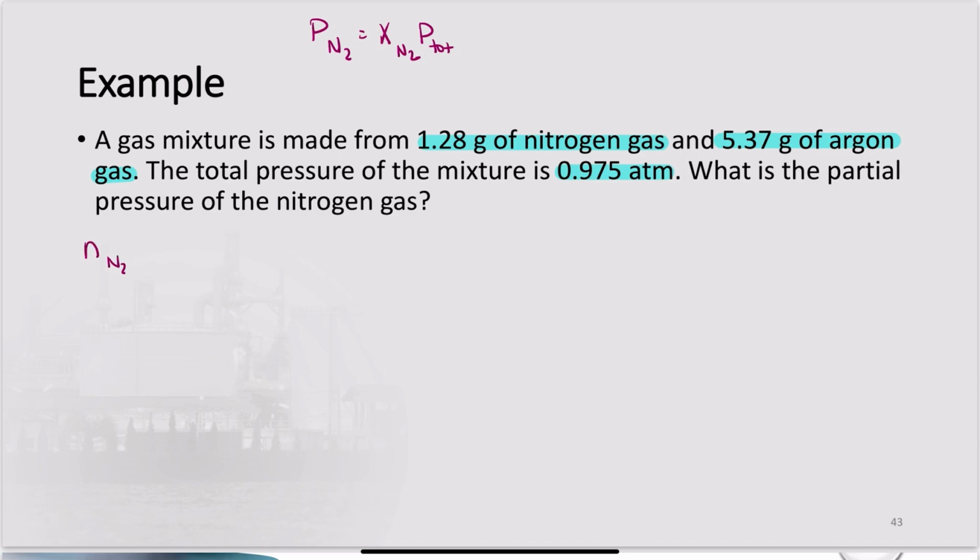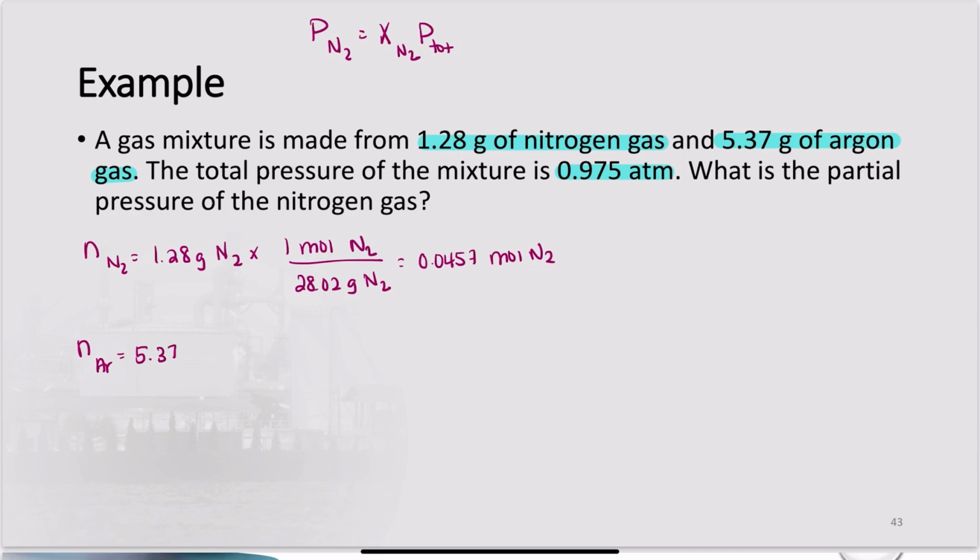To do that, I need to find the number of moles of each species. 1.28 grams of N2, 1 mole of N2 is 28.02 grams. This gives me 0.0457 moles of N2. Number of moles of argon, 5.37, that is a 5.